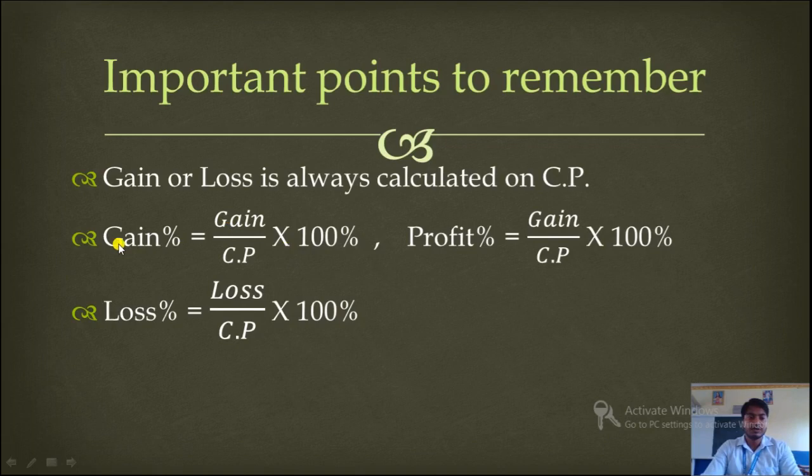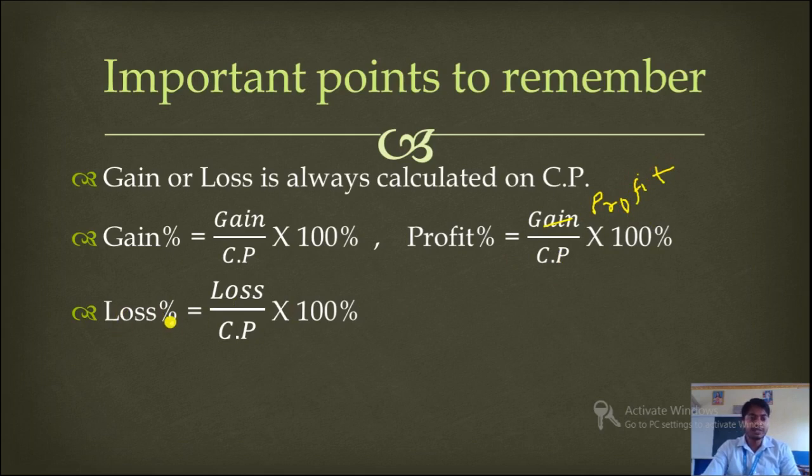Second, gain percent is equal to gain by CP into 100%. When we have to find the gain percent or profit percent, we use this formula. Profit or gain both are the same, don't get confused.